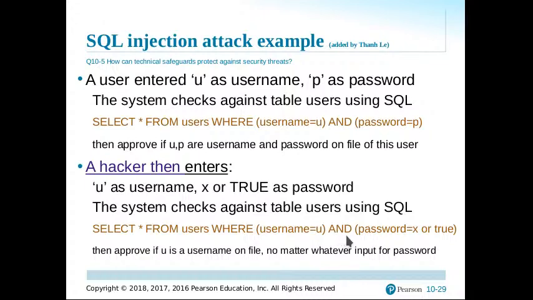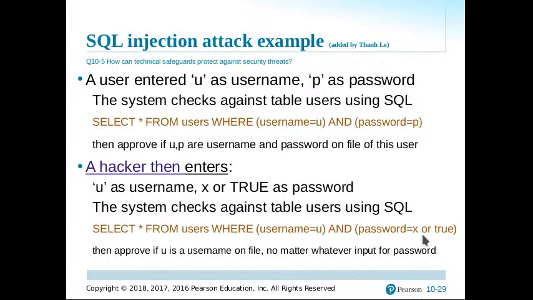Here is an and operator, followed by password is X. Password equal to X? No, because for the right user the password should be P, not X. So this part is false. But it is followed by an or operator, and then followed by true.